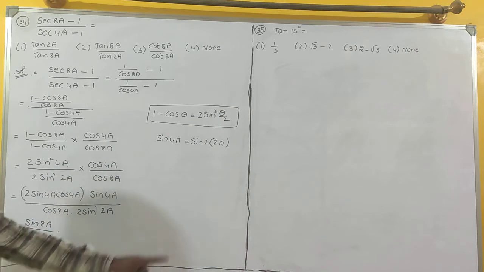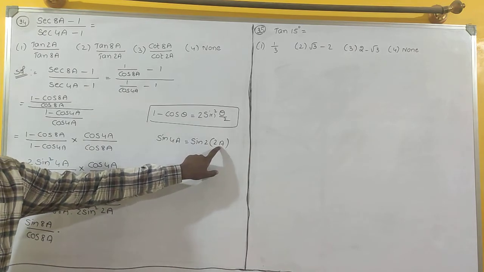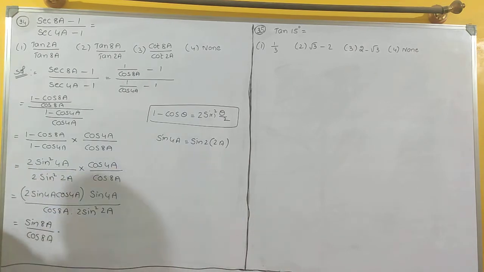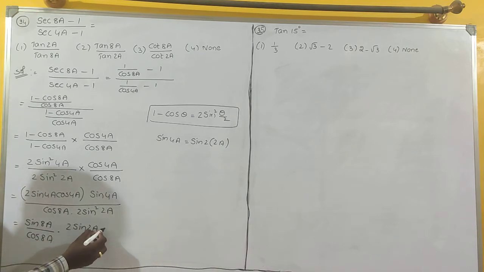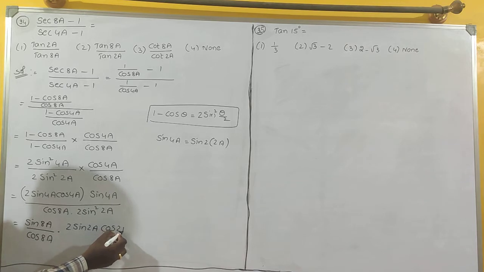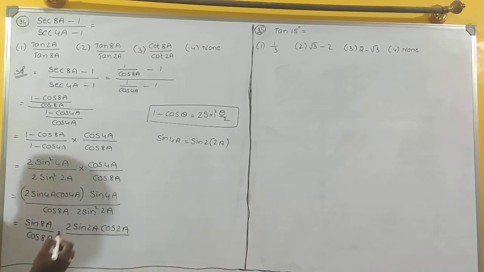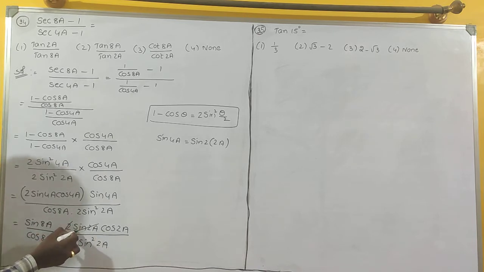Which formula? The sin 2 theta formula, which is 2 sin theta cos theta, by what is remaining? 2 sin square 2a. Here 2 gets cancelled, sin and sin get cancelled.